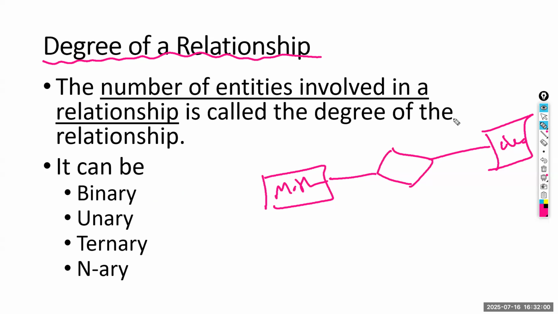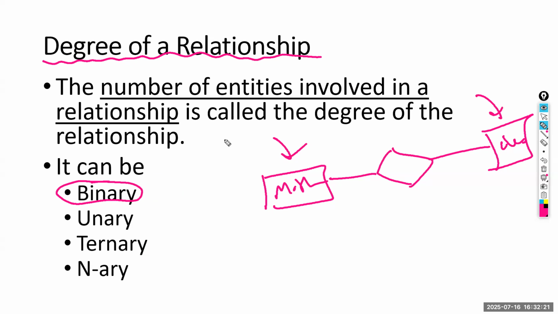Right? Student and course, employee and department. Actually, all the relationships we discussed so far are binary relationships, or degree two, because the relationship is between two different entity instances.